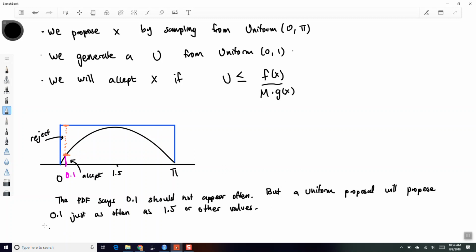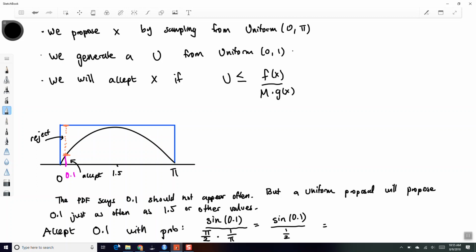Okay, so we accept 0.1 with probability sine of 0.1 divided by, okay, m we decided was pi over 2, and g of x, the density of the proposal distribution, is 1 over pi. So we accept this with the probability sine of 0.1 divided by 1 over 2.